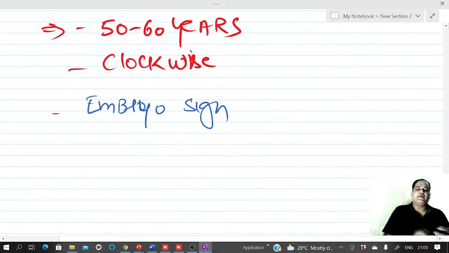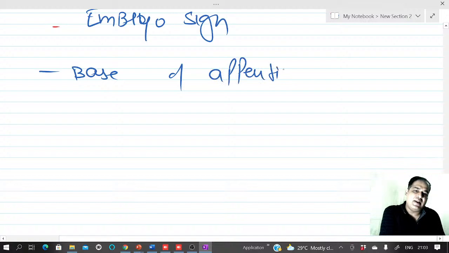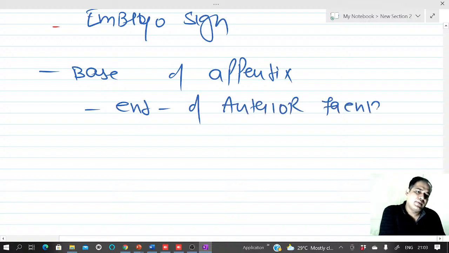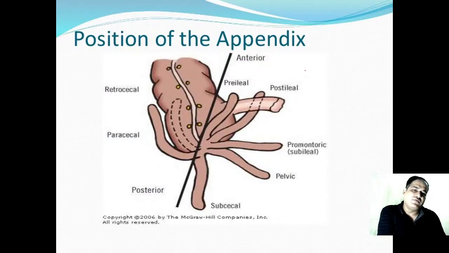In fact, the base of the appendix lies where the anterior taenia coli ends. That is where the base lies.